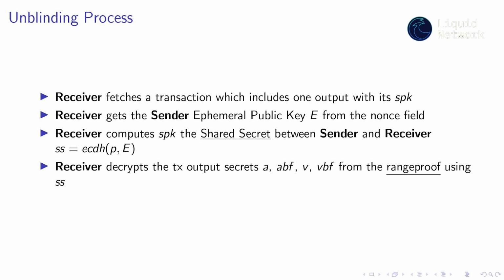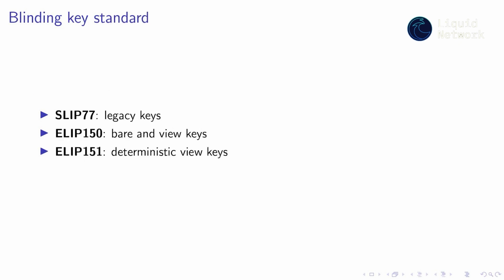So to create a blinding key, there are different standards, and the first one is LEAP 77, which is for legacy keys, and is the most adopted right now. However, it suffered a few problems, and for that reason, a new one was added, which was defined in LEAP 150.